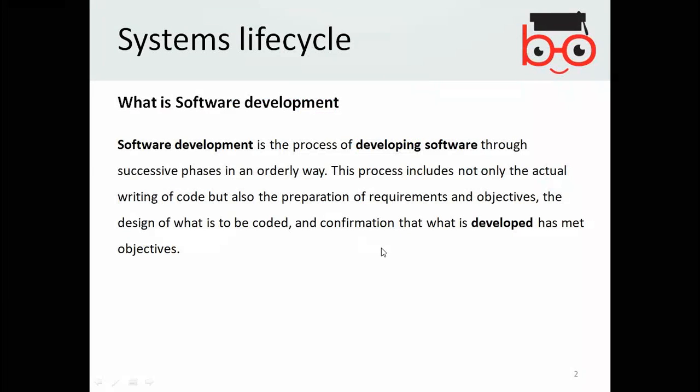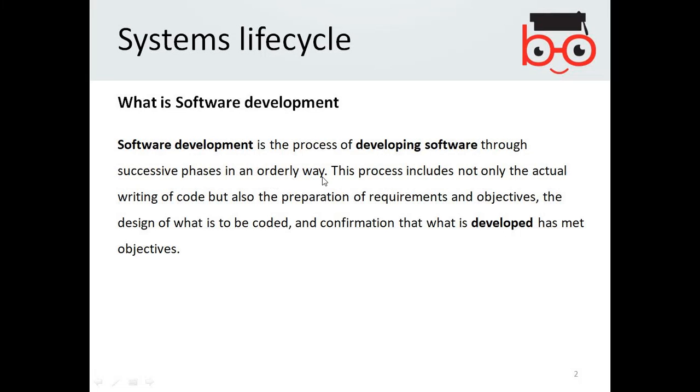So simply, software development is the process of developing software through successive phases in an orderly way. This process includes not only the actual writing of the code, but also the preparation of requirements and objectives, the design of what is to be coded, and confirmation that what is developed has met the objectives.